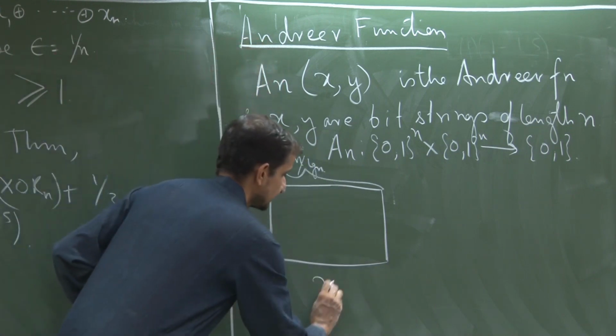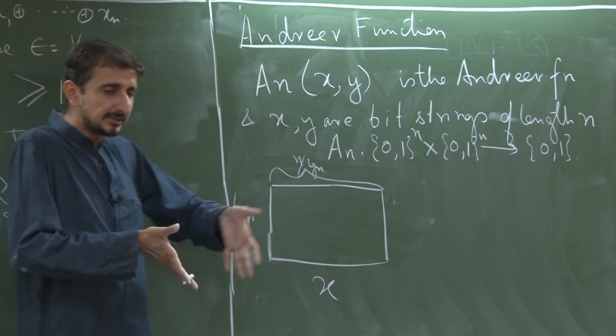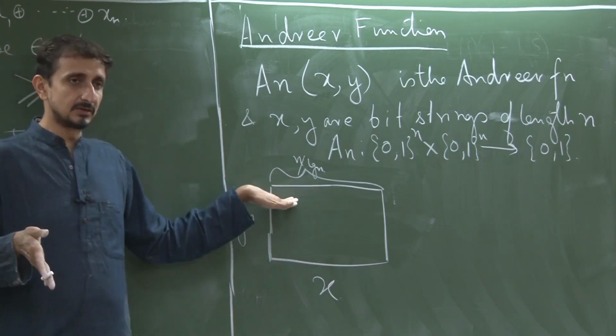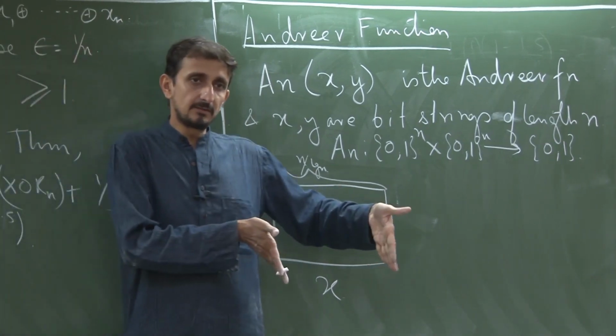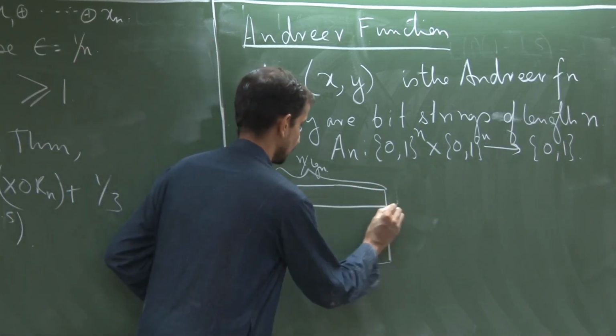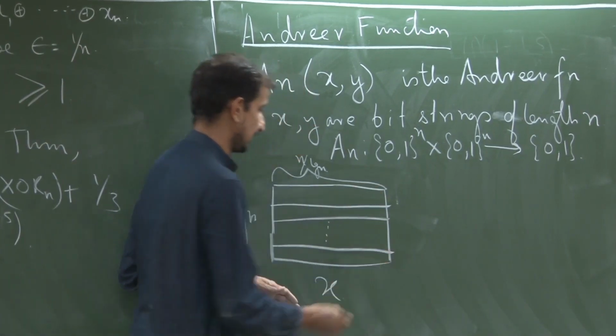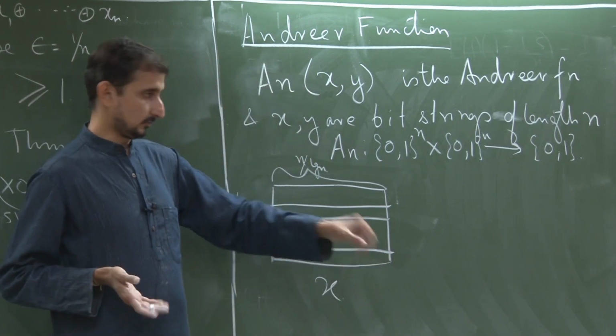This is my variable x. The first n by log n bits is in the first row, the next n by log n bits is in the second row, and so on, and the last n by log n bits is in the last row.